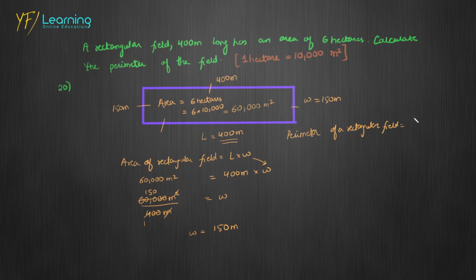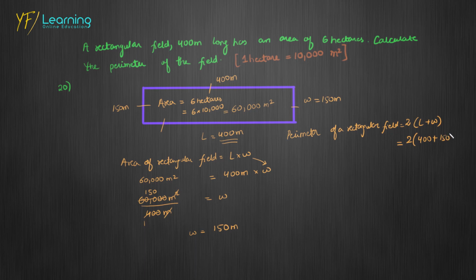Perimeter of a rectangular field is equal to 2 times L plus W, because there are two sides, 2L and 2W.